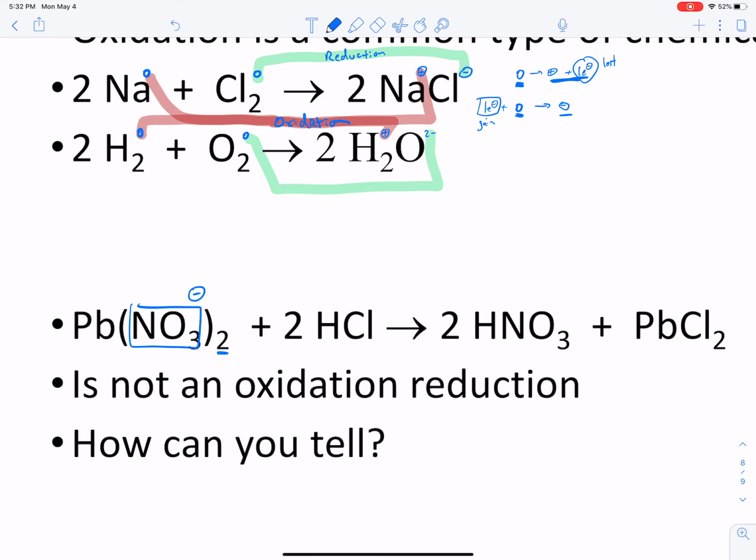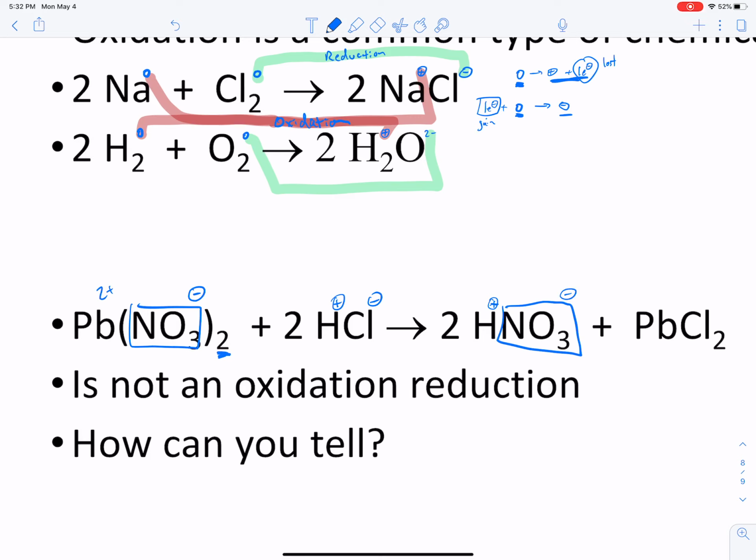And because we have 2 of them, that means lead is a +2. Okay? Chlorine is a -1. Hydrogen is +1. So if we come over to the other side, we find that hydrogen over here is +1. And what about this nitrate? What is it? It's a negative one, okay?